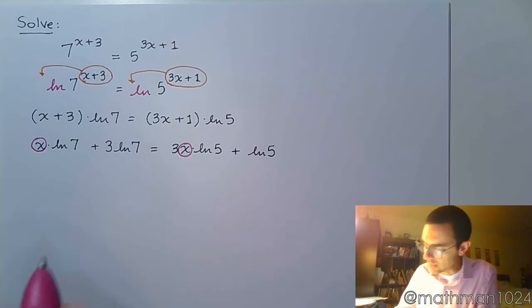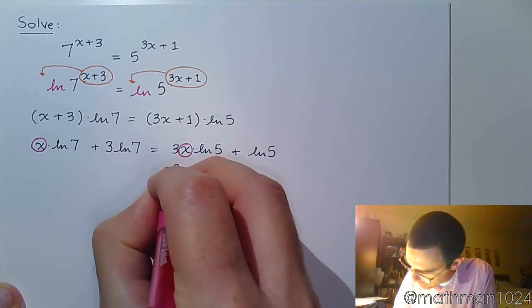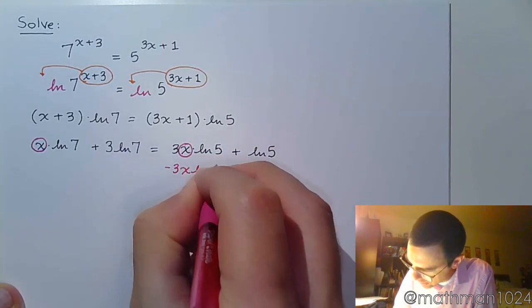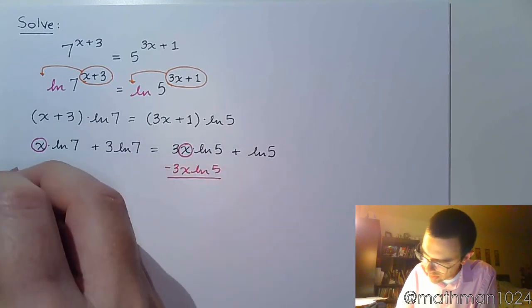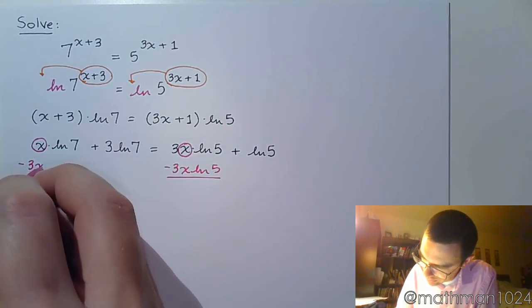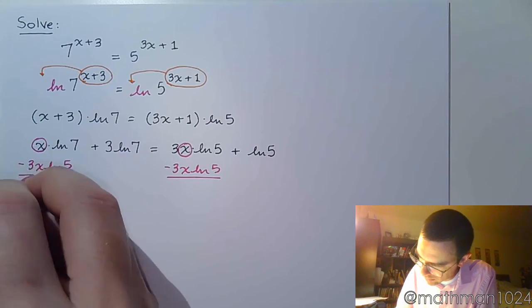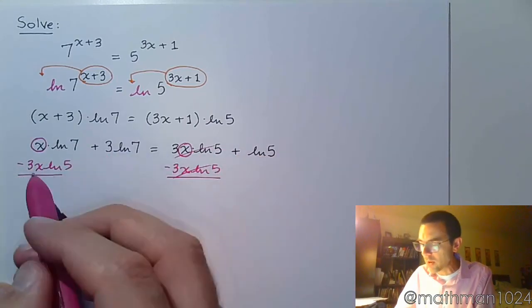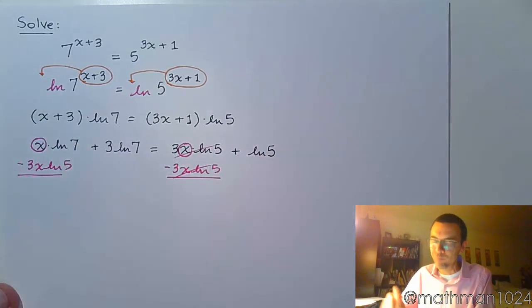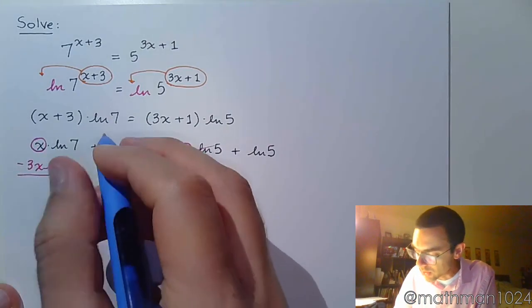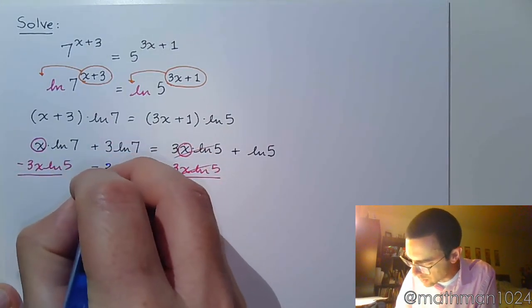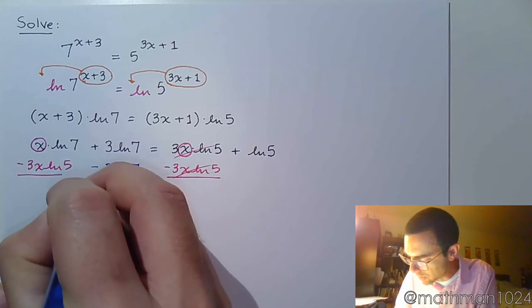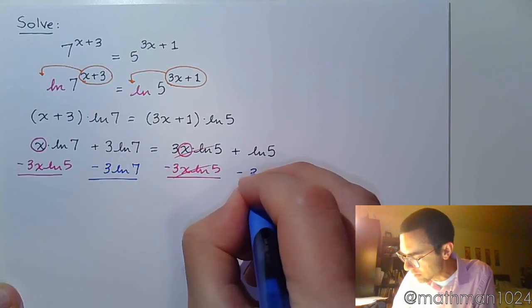So to do that, I need to move this term from the right over to the left. So now everything with x is going to be on the left. But I need to then move this constant term to the other side by subtracting it.